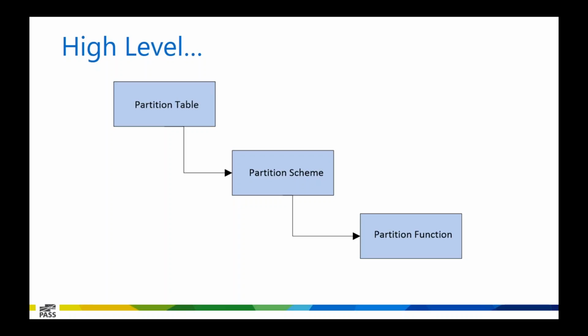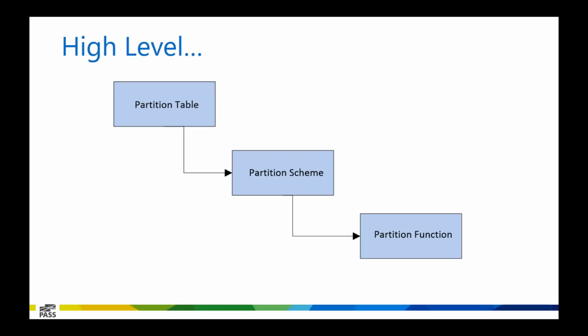So the first thing we're going to want to do is figure out which table needs to be partitioned. Once we've made that determination, we're going to have to figure out what column we're going to partition on, because you only get one single column to pick. From there, we're going to use a scheme.